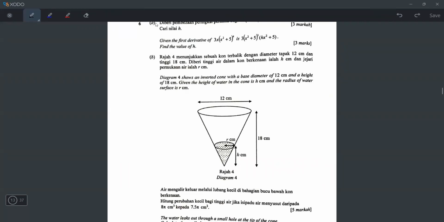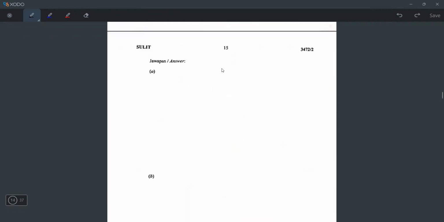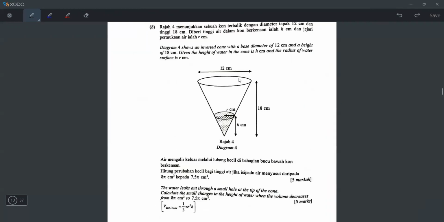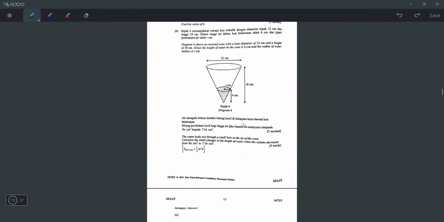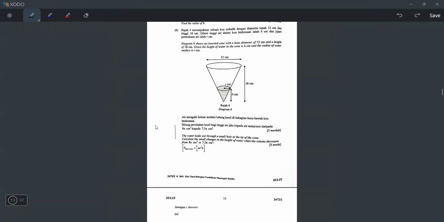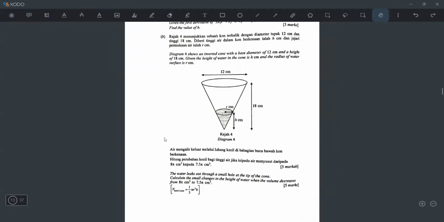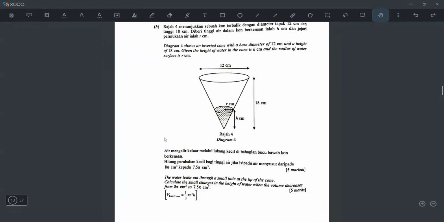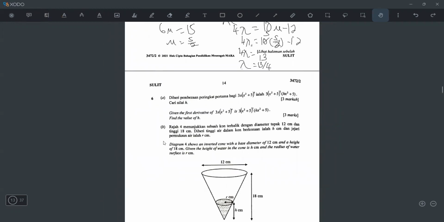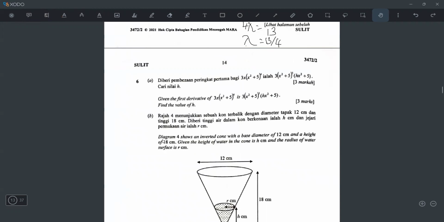All right. So they say given the first derivative of this is blah blah blah, find value of h. So no need lah, no need kecilkan. I'll just do beside because it's easier.